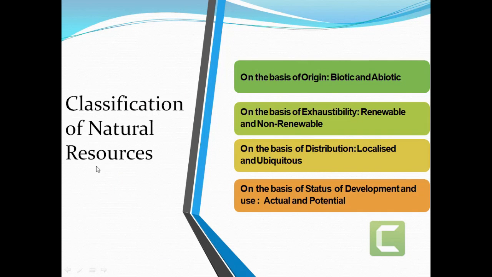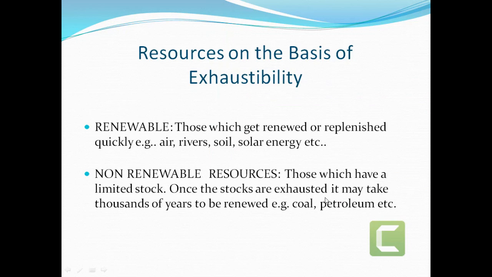Classification of natural resources. It may be classified on the basis of origin, exhaustibility, distribution and development. Let us understand resources on the basis of exhaustibility. Under this, resources may be classified as renewable resources and non-renewable resources.